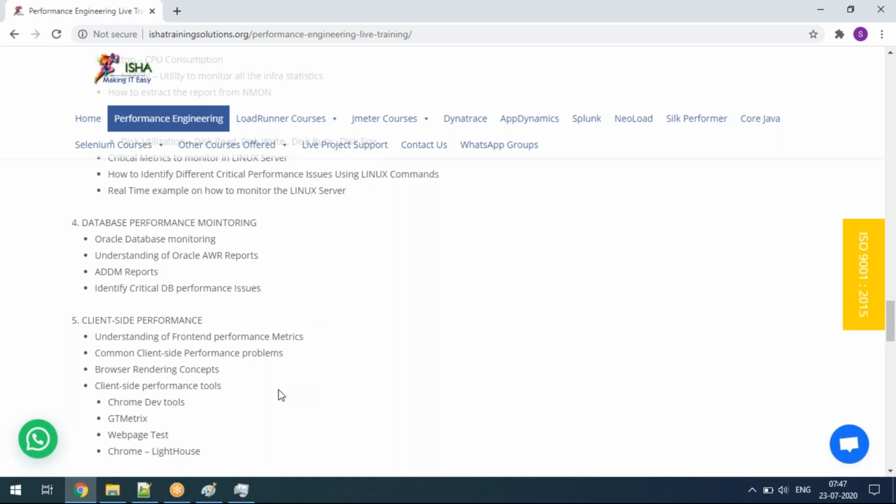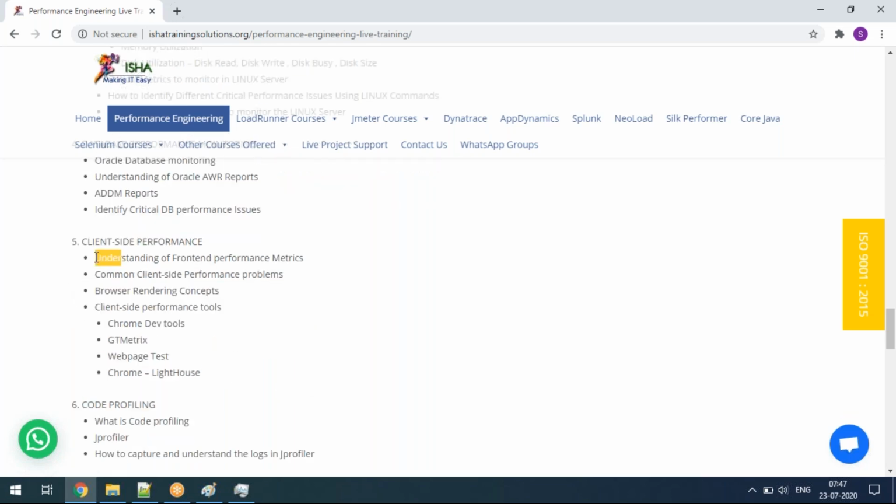And then the client side performance monitoring, this is very important, guys. I would say the entire market interest, the stream now, is moving towards end user experience.